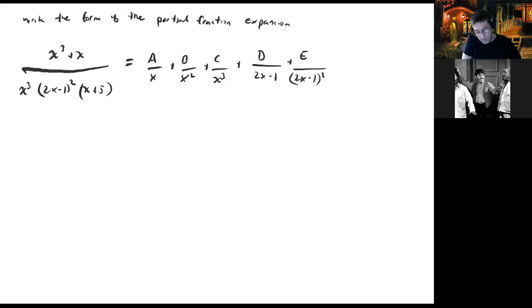And now the last term is x plus 5. That's a linear factor. It's going to be an f over x plus 5. So that's the answer to this exercise. I'm not going any further. The amount of algebra I would have to do to get A, B, C, D, E, and F would take me about 25 minutes, maybe even a half an hour. But this is the format of the answer.